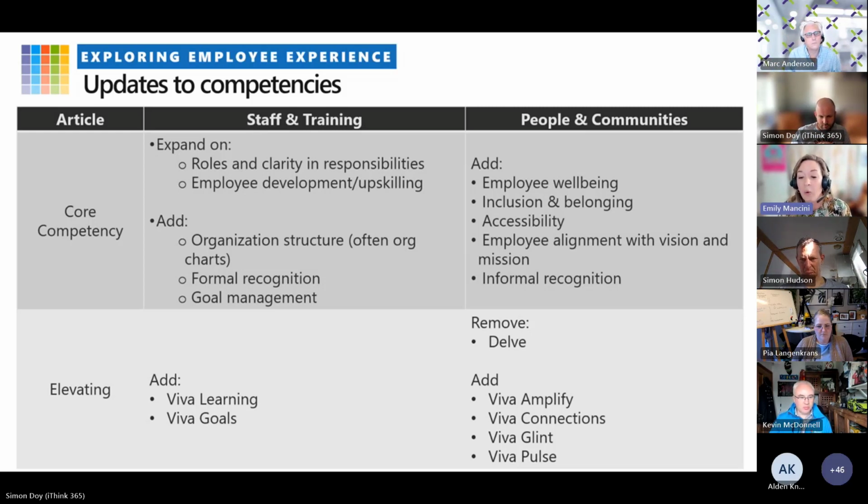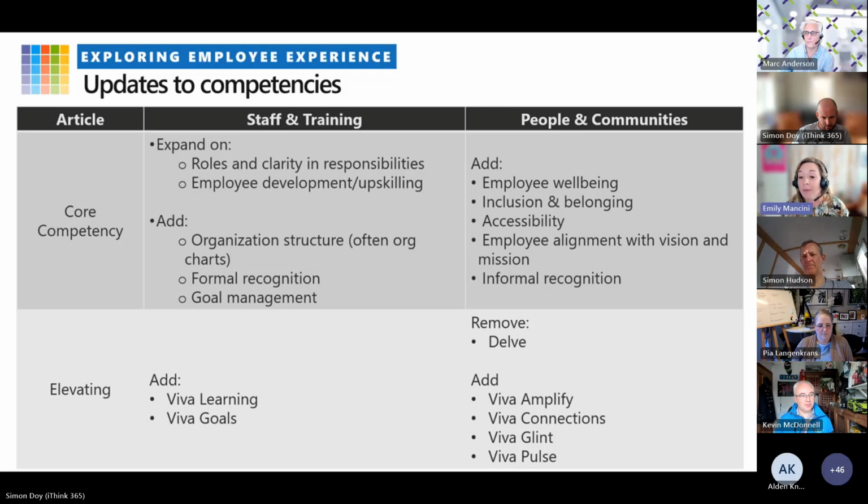So looking at our core competencies in staff and training, I'm recommending that we add in, and by we, I'm offering to be the first pass on the draft, of course, roles and clarity around responsibilities, and talking more about that employee development and upskilling. Pieces that I see really clearly missing is that understanding of the organizational structure, which is often reflected in our org charts, but understanding how the business works, who to reach out to.